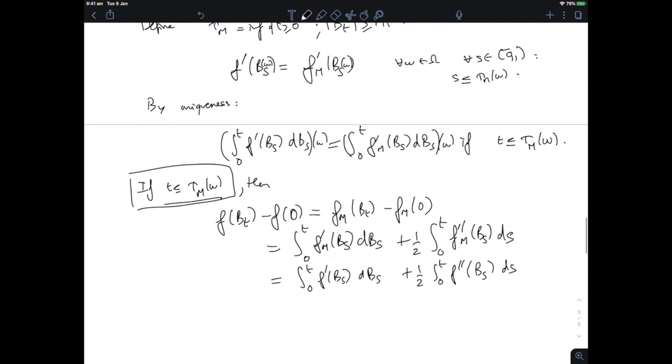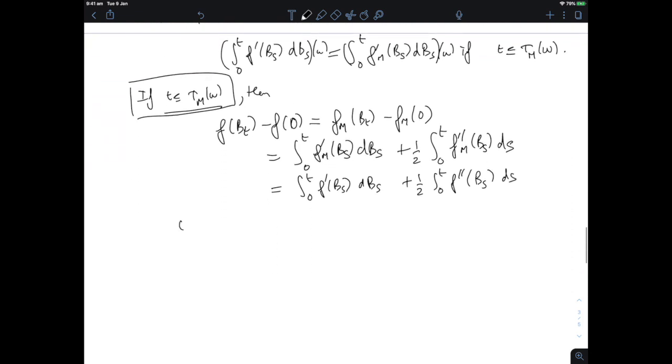Right, but notice that as m goes to infinity, the probability that tau_m goes to infinity is 1, or put it in a different way, the probability of the union over all m in N of the event that t is smaller than tau_m is 1.